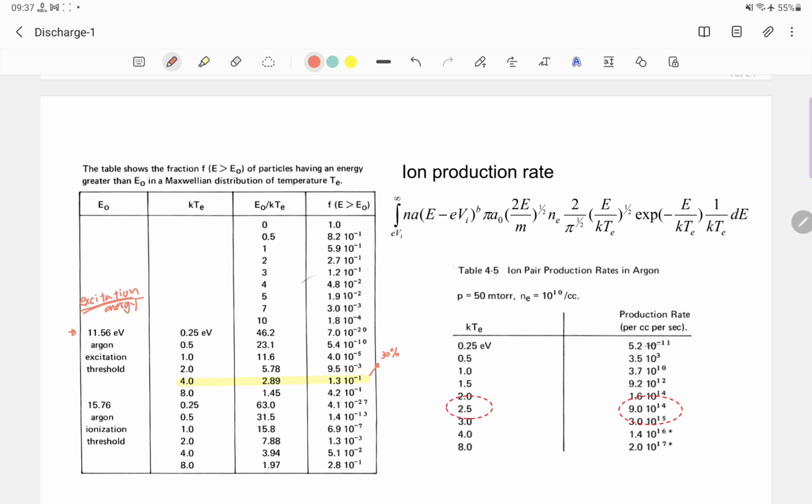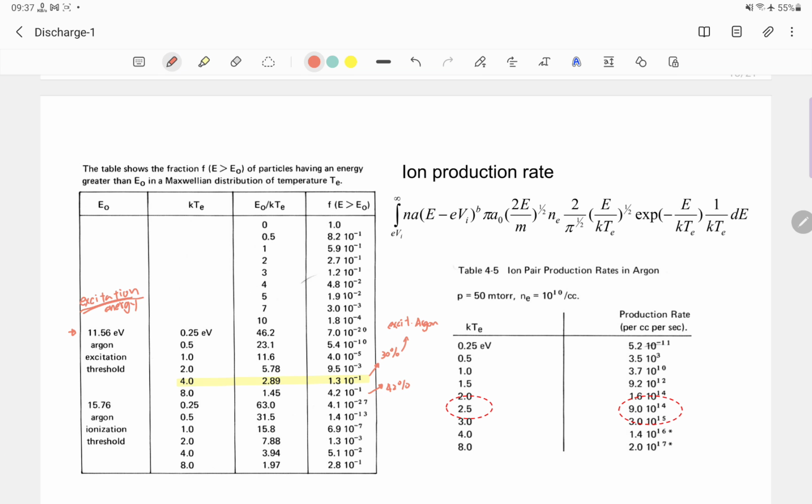So most electrons have high energy, high enough energy to excite an atom. And if we consider the ionization process, if the electron energy is 4 electron volt, the calculation gave us a result that about 5% of the electrons belong to the high energy tail.